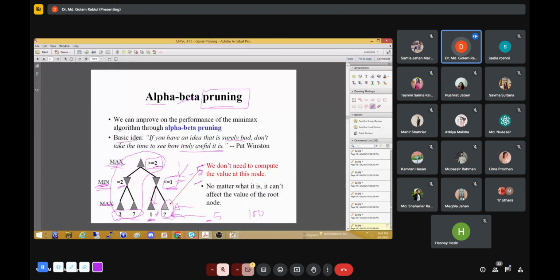If we get -5 or maybe even -100, you can already see this is the max stage, and we already got the maximum value 2. So between 2 and whatever negative values we get, like -5 and -100, which one is the maximum? Maximum is 2. So that means we will get 2 here.